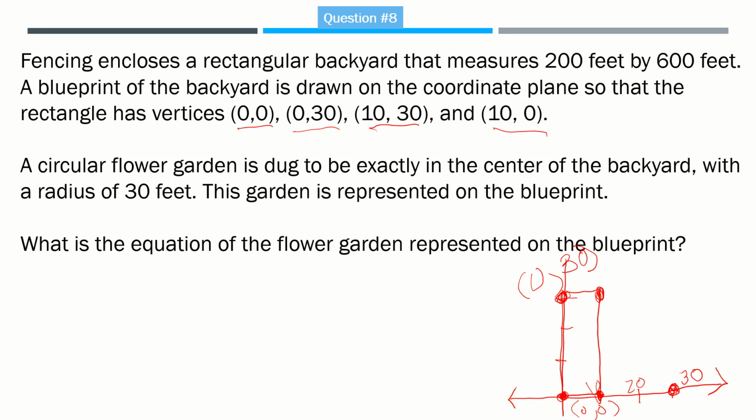A circular flower garden is dug to be exactly in the center of the backyard with a radius of 30 feet. All right, so I'm going to draw the diagonals, and those diagonals are going to be exactly in the center. So the midpoint of either one of those diagonals is going to tell me where the center of my circle is. All right, so I'm going to use the midpoint formula and just pick this diagonal, 0, 30, and that is 10, 0.